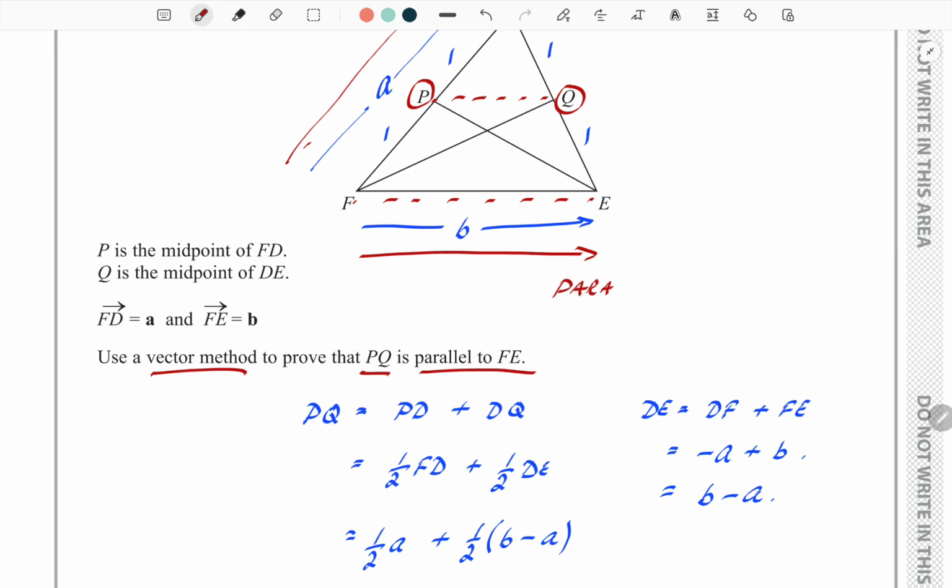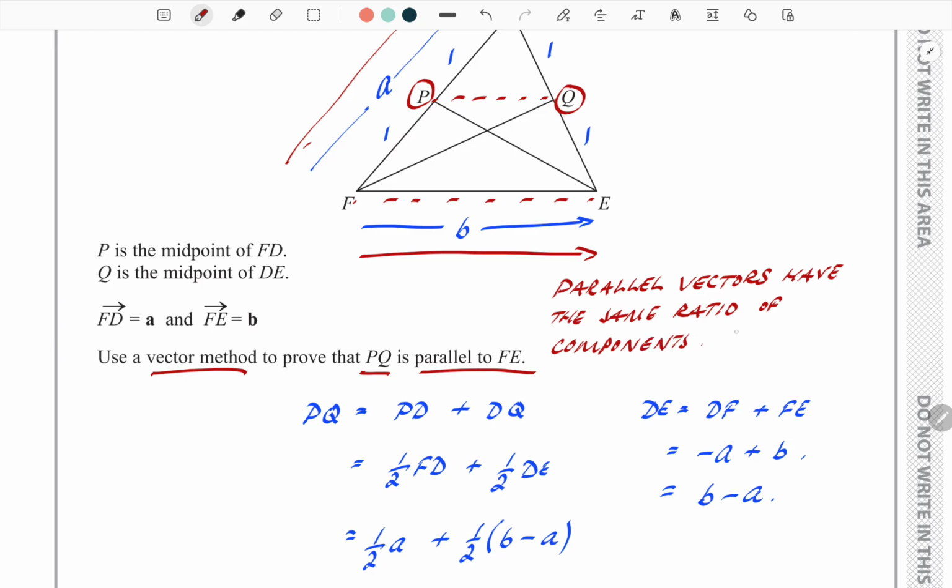parallel vectors have the same ratio of, what do you want to call it, components, or the bits inside the vector.